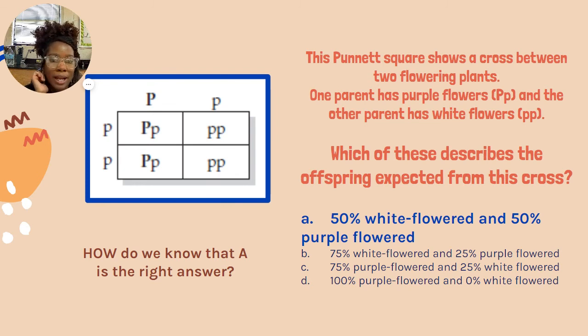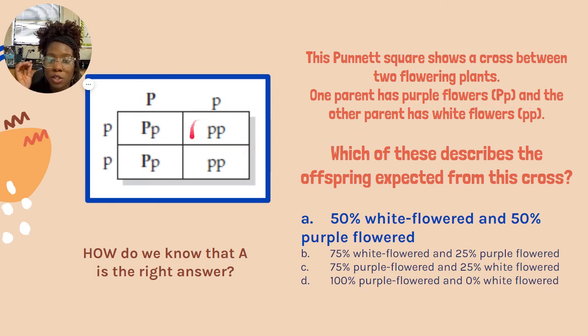Well, we know A is the right answer because the parent with white flowers is recessive homozygous, and the parent with purple flowers is heterozygous, which tells us that purple is dominant. Anytime there was a big P, it was purple. If there's both little p's, they make white.